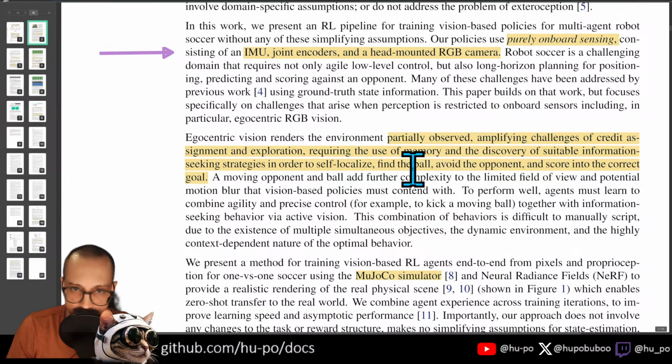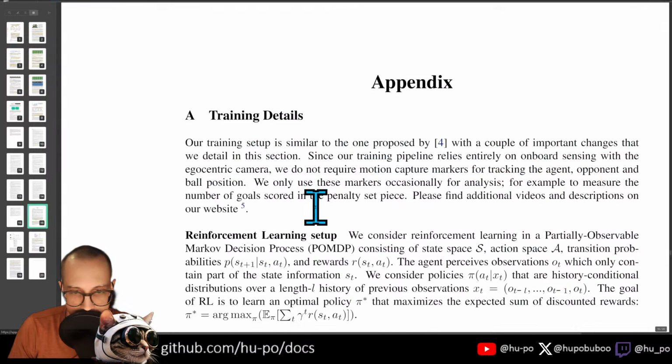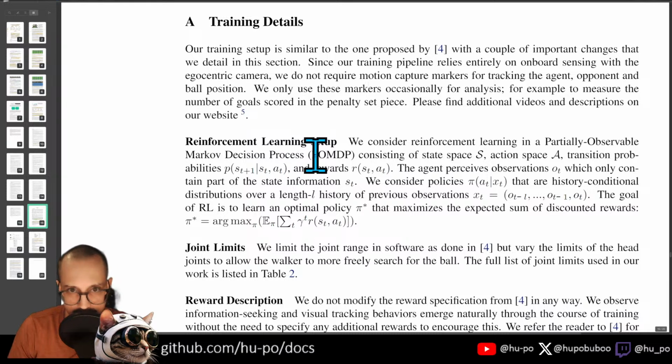Egocentric vision renders the environment partially observed. Partially observed here refers to the fact that reinforcement learning usually has the Markov decision process as the base assumption. In this case, it's a partially observable Markov decision process because you don't have the real state space, right?